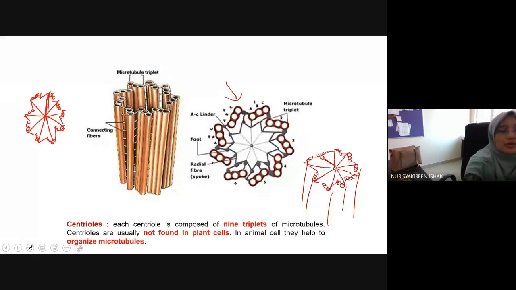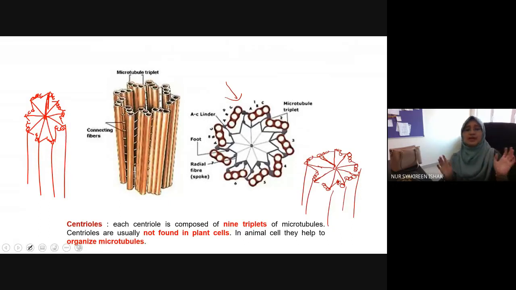Then you have your microtubules. Roughly like that. Make sure you draw the structure correctly. It's not very neat because I used my finger.